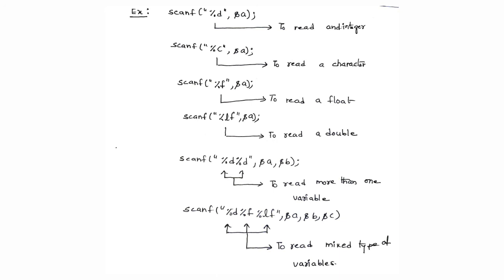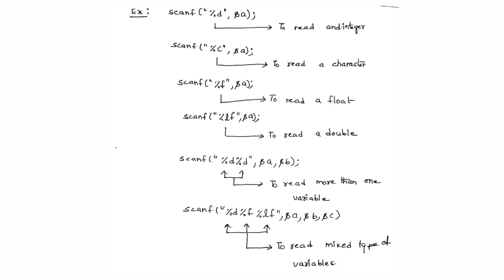Now some non-standard functions are there. These are included in the conio.h header file. That's why we have to include the conio.h header file in the program. This is mainly used in Turbo C software, and these are not a part of the standard library of C. These functions are getch and getche.